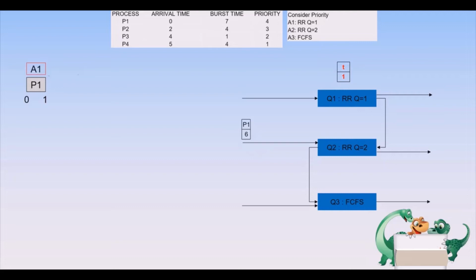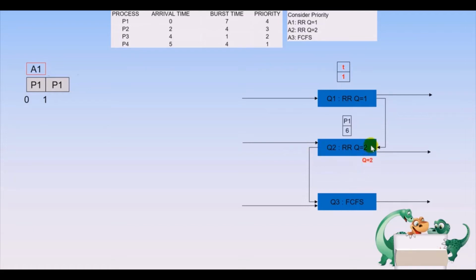Okay, so for a round robin quantum of 2. After 1 millisecond, we only have one process that was executed under round robin quantum of 1 in Q1. So P1 here will continue its execution until the time quantum of 2 milliseconds expires.